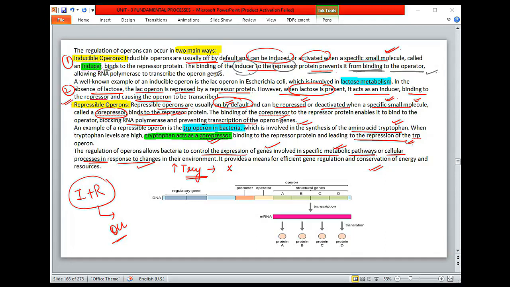Done everyone? Should we continue with the lac operon? If you have any doubt till here, you can ask.